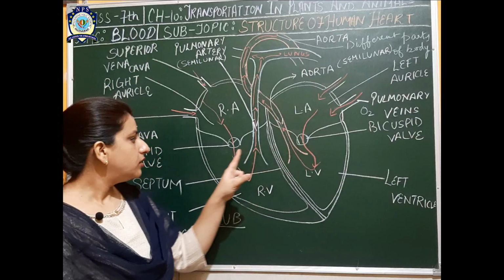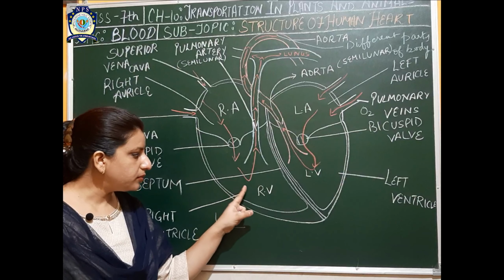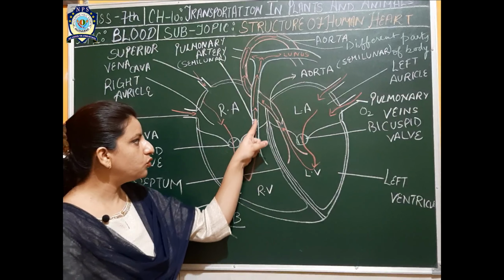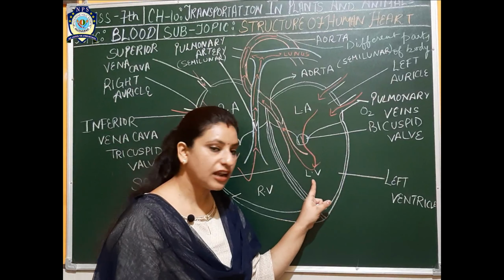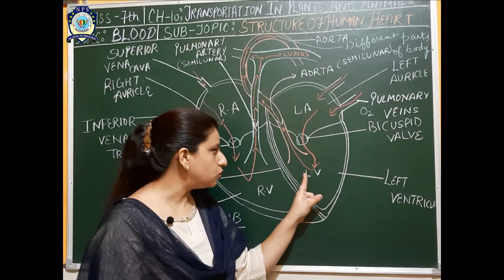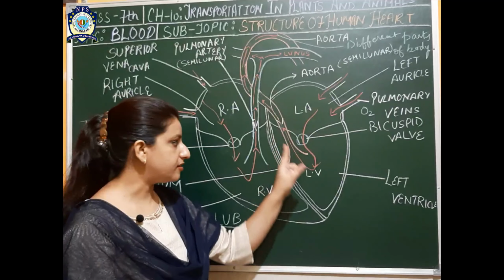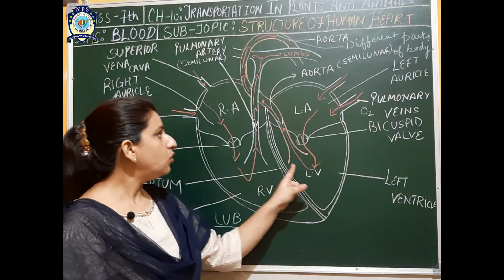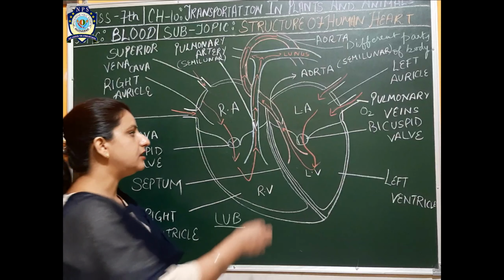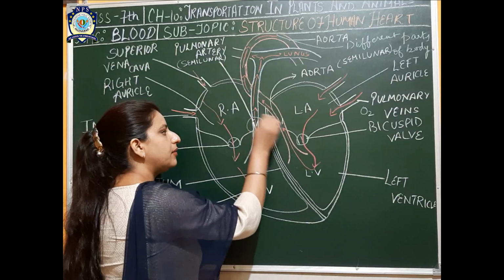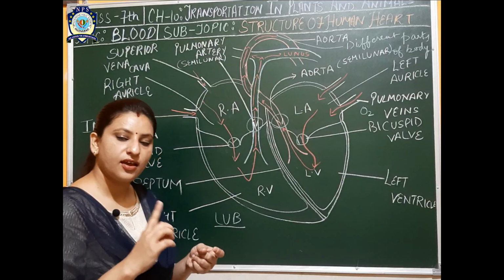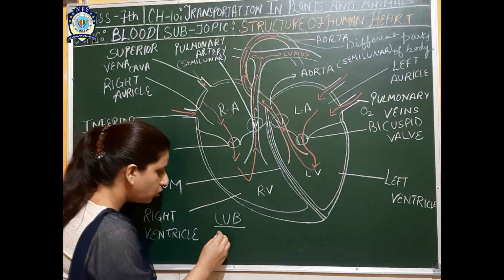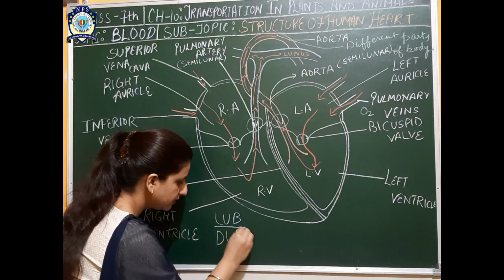And now the deoxygenated blood from the right ventricle starts moving to the pulmonary artery, and the blood from the left ventricle will start moving towards the aorta, and this is the oxygenated blood. Now for the second time, these two semilunar valves get closed at once. Okay, and that sound is produced as dub.